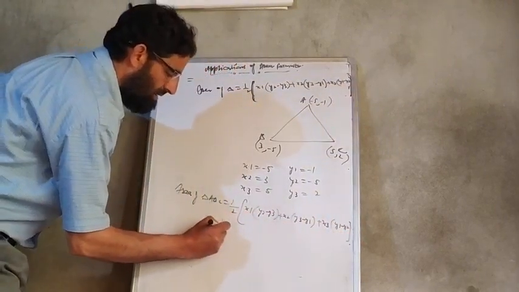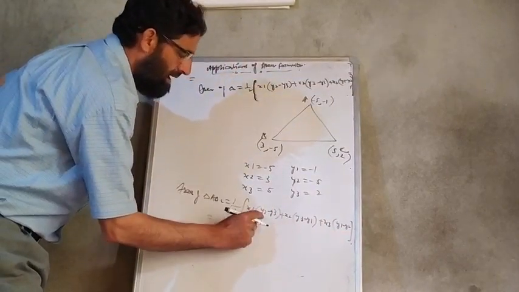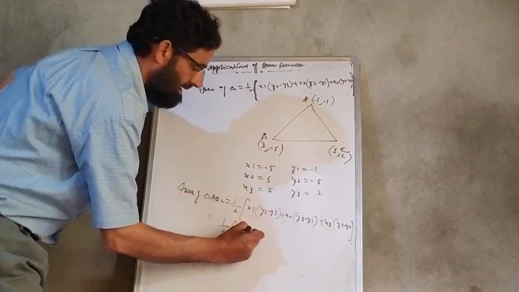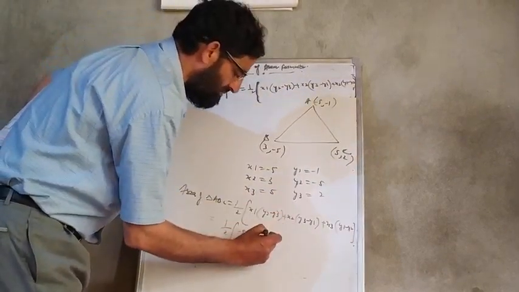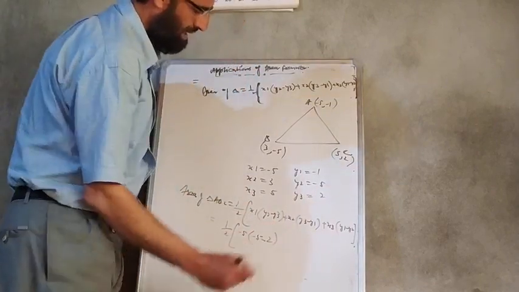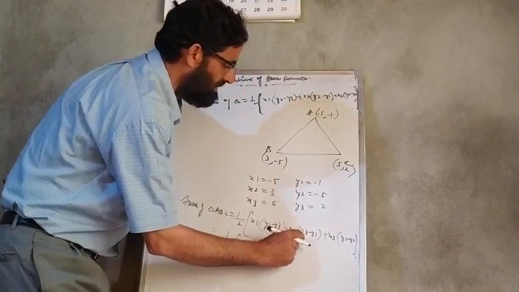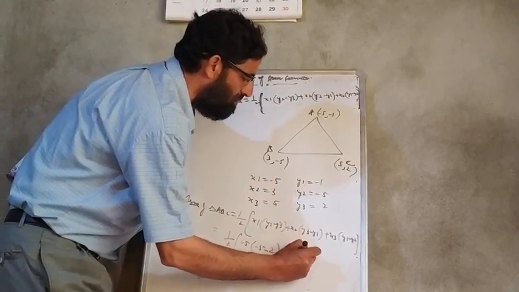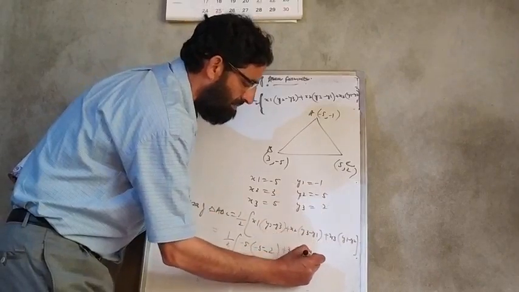Here we go. This is 1 by 2. x1 is minus 5 into y2. What is y2? It is minus 5 minus y3, it is minus 2, plus x2 is 3 here. So what is y3? y3 is 2 minus y1, that's minus here also, this will become plus.